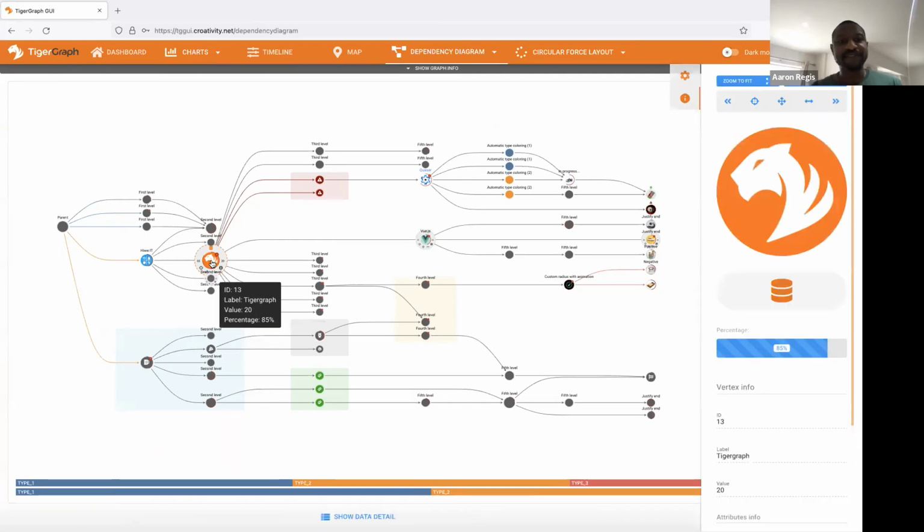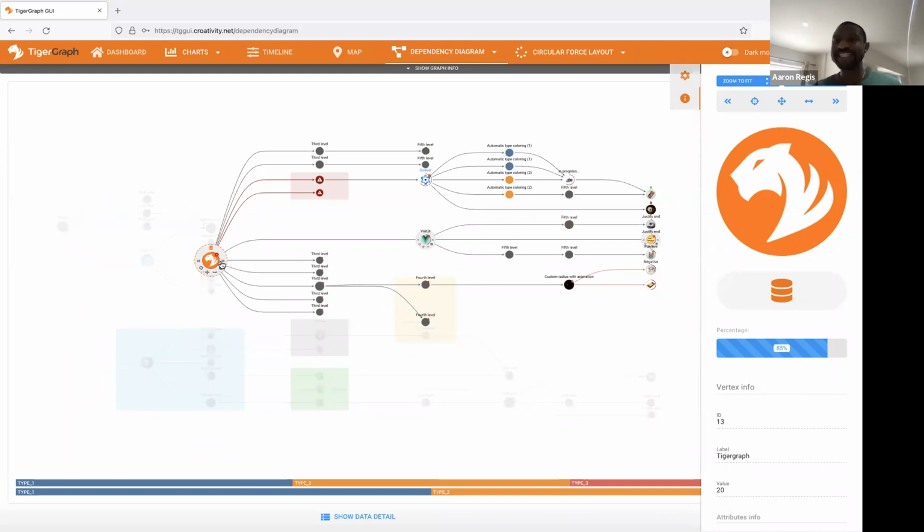If I look at this vertex or this entity, I can effectively say, what are all the downstream dependencies? What's all the knock-on impact? Or you could call this blast radius. What's the blast radius of this issue and this problem? Now I can see all the components downstream. I can then email all of those stakeholders like Mark to let them know that there's a problem and they could do something about it.